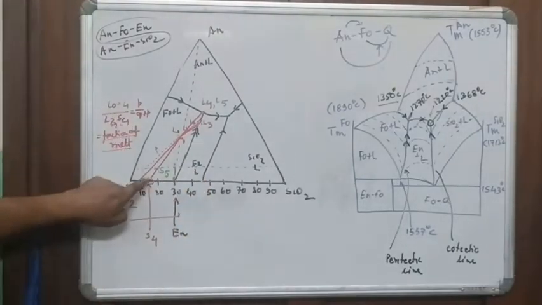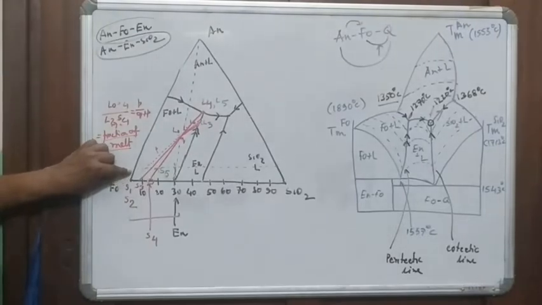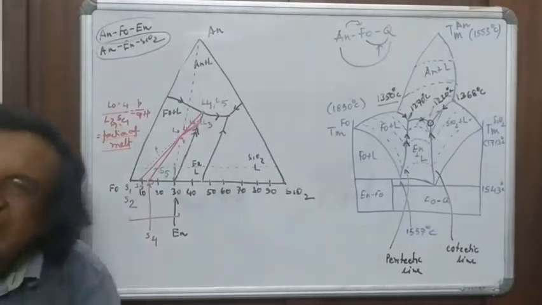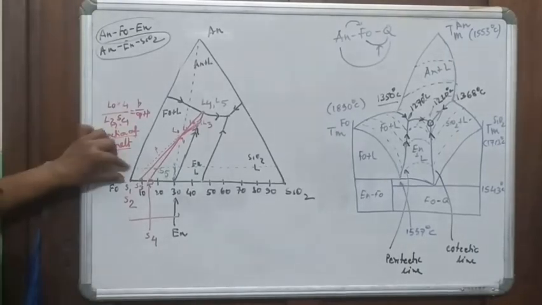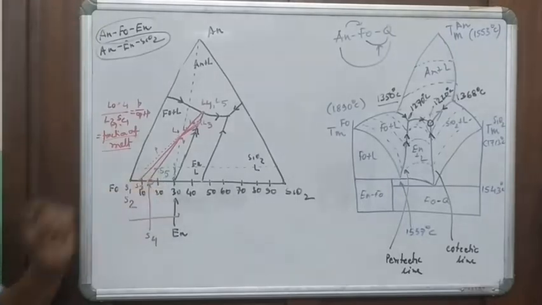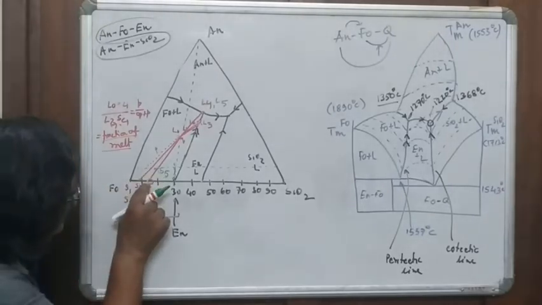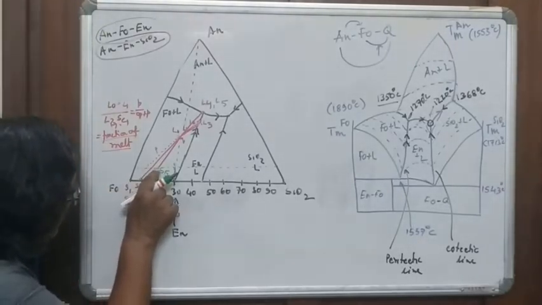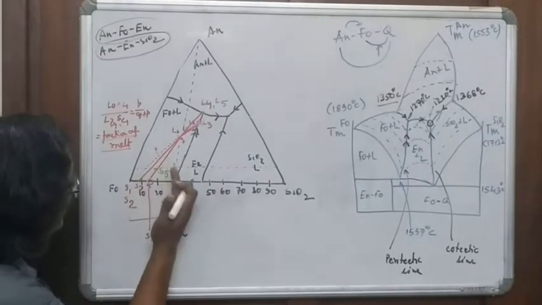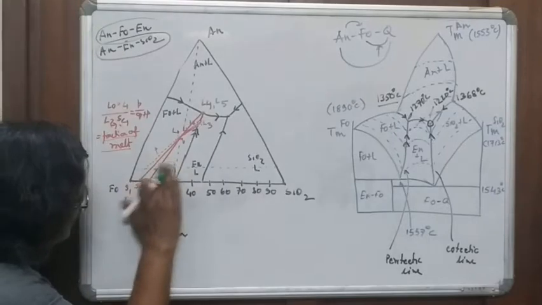So you see here what has happened? This amount of anorthite is now a part of S5. And you can see here, from this point to this point, this is closer to anorthite 30. This has moved towards the right.